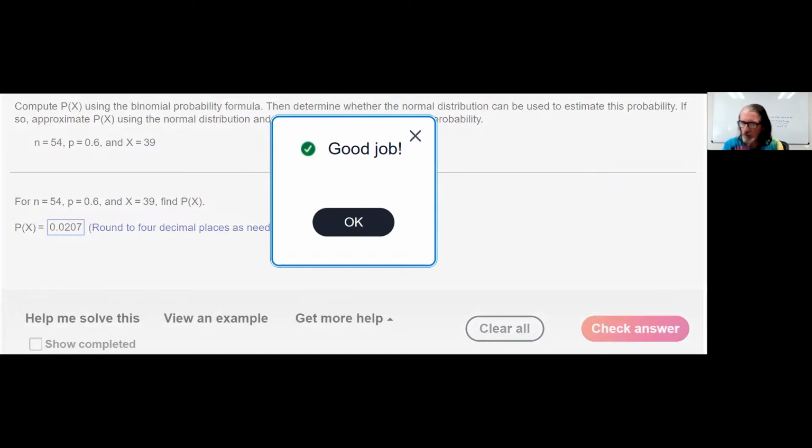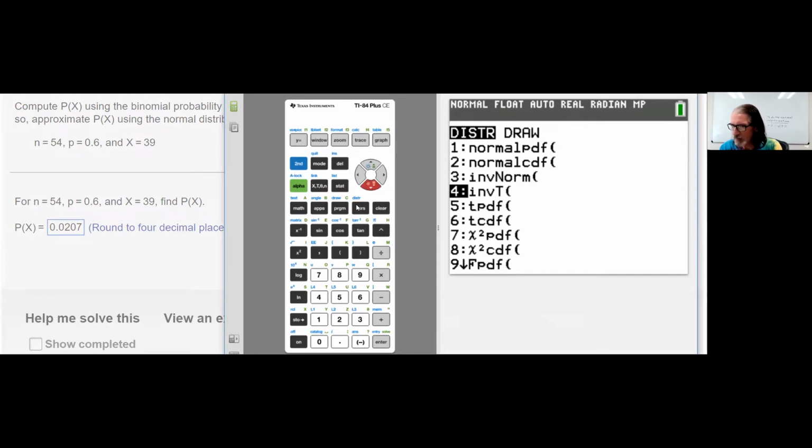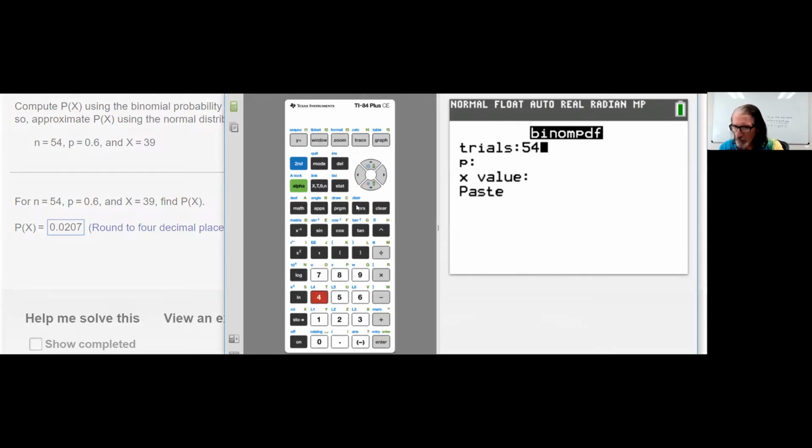Now, if we had used one of the distributions, because that's for one value of x, we would go to binomial PDF. Think of that one value as a point. And again, there were 54 trials. Probability of success was 0.6.